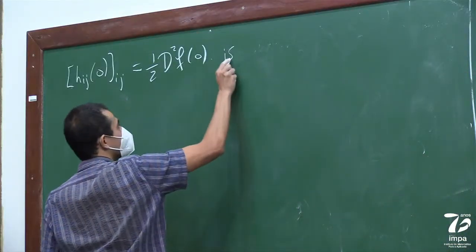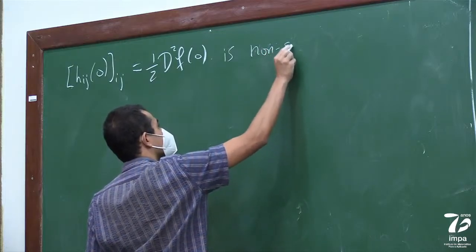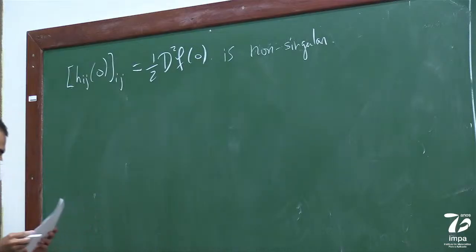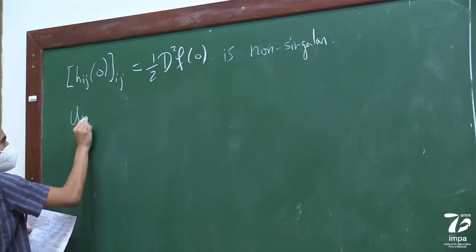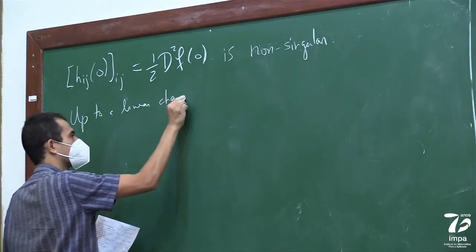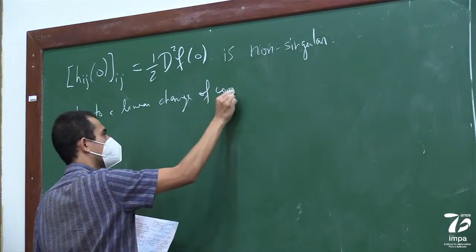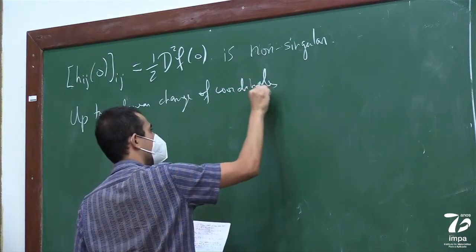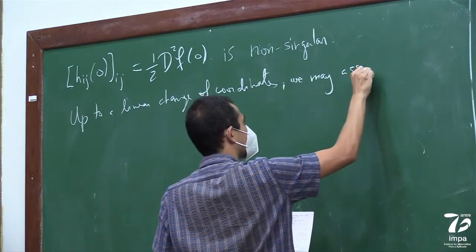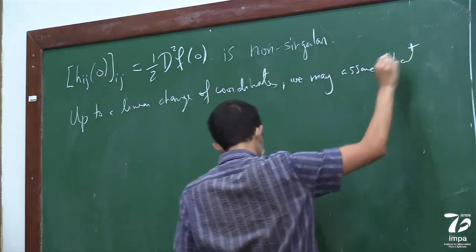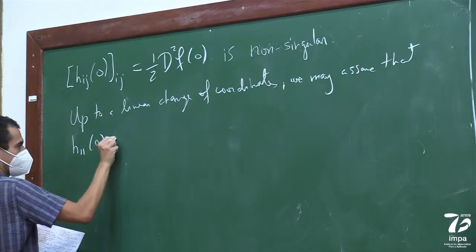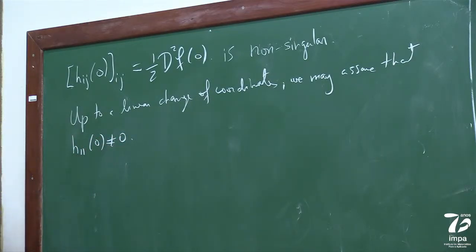So this is non-singular. And now, up to a linear change of coordinates, we may assume that h11 of 0 is different from 0. Okay?